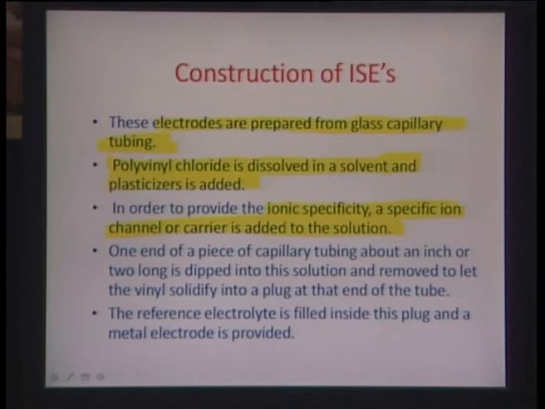A solution of a certain ionic strength is put into the glass capillary, and therefore you have the capillary with the solution inside it, a conduit which is coming out, and then the end which is a plug of polyvinyl chloride polymeric resin with the ion exchange material trapped inside it.